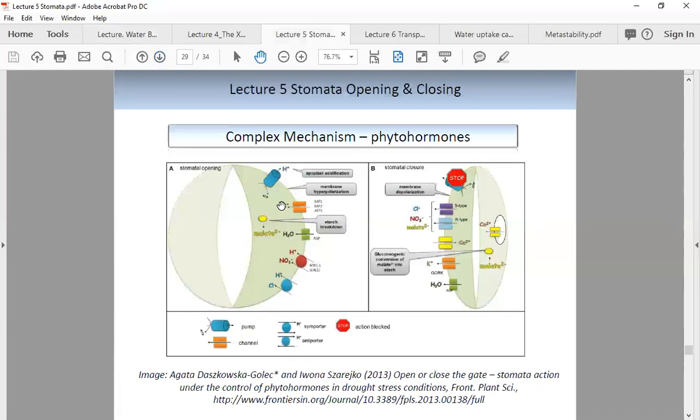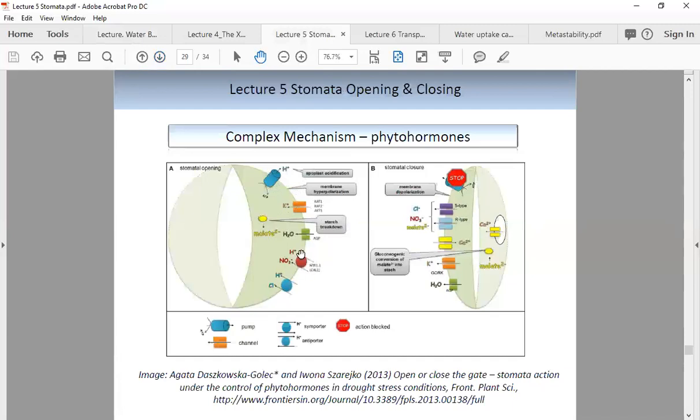This is something else that you'll be testing in one of your prac classes. Be looking for the presence of potassium in guard cells. Okay, inward movement of potassium. We also have inward movement of chloride. And that's driven by protons moving back in against their electrochemical gradient.